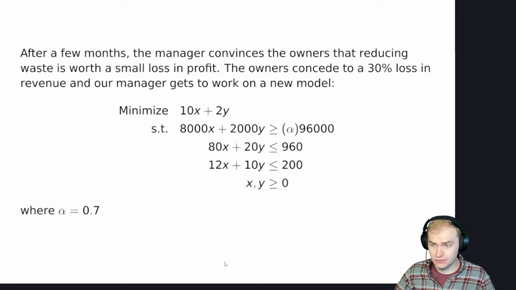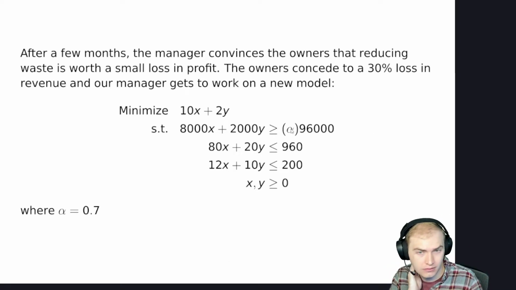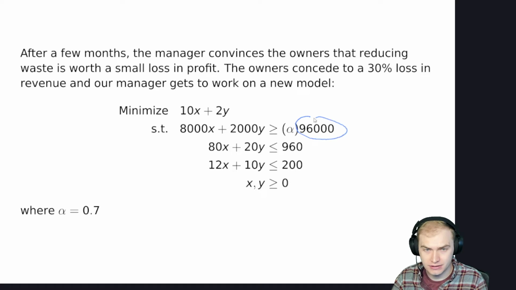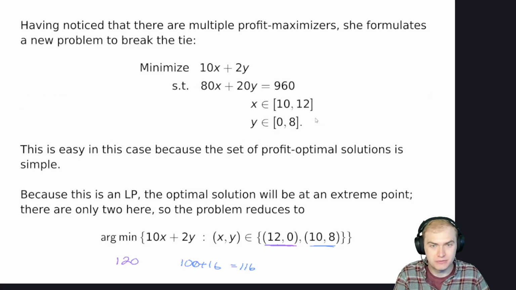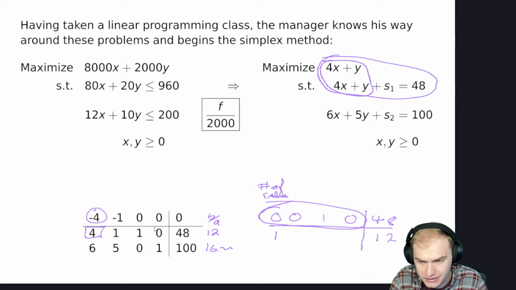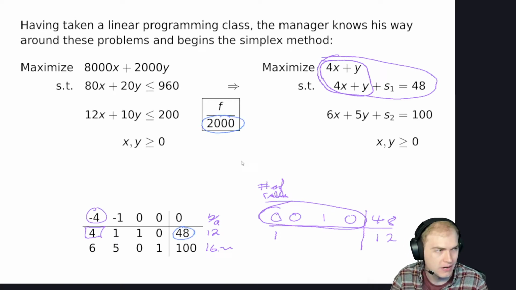So she already knows that the optimal profit is $96,000. Because what we found up here, we found 48 here, but we divided the objective function by 2,000.